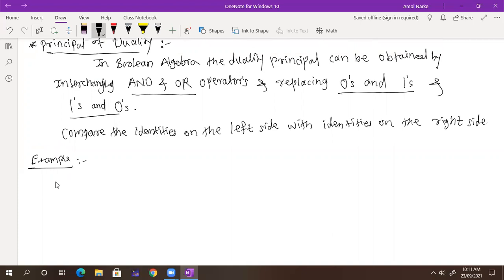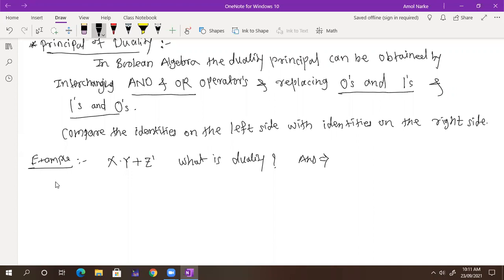Suppose I have my Boolean expression x dot y plus z complement. Can someone tell me what is the duality of this?